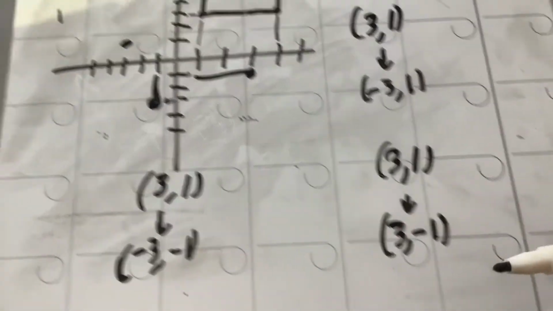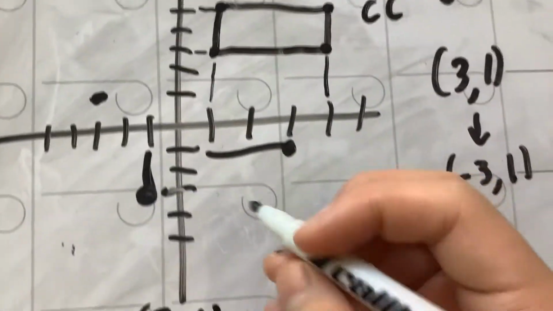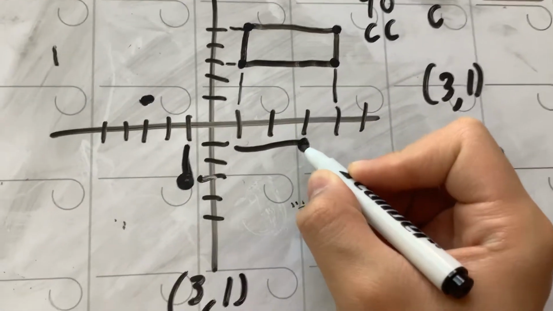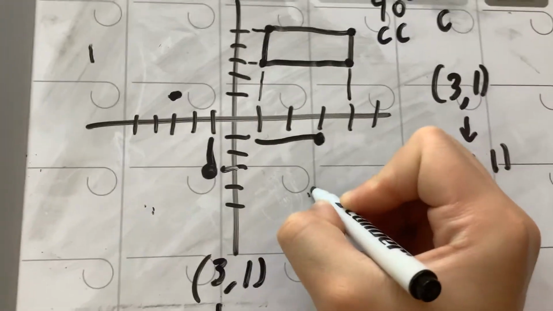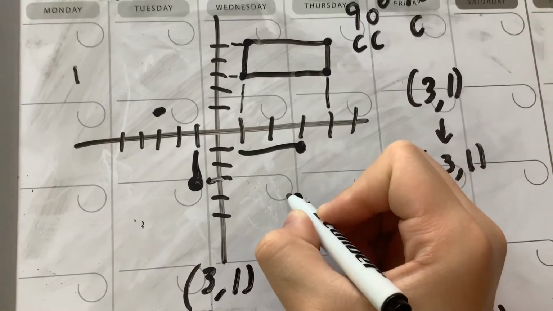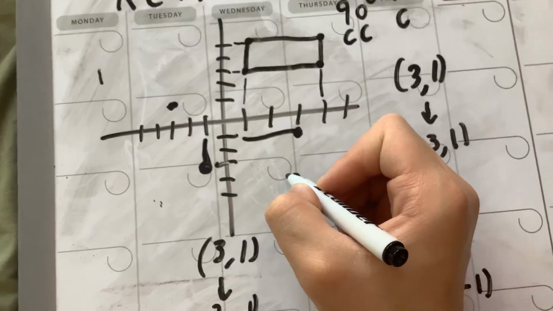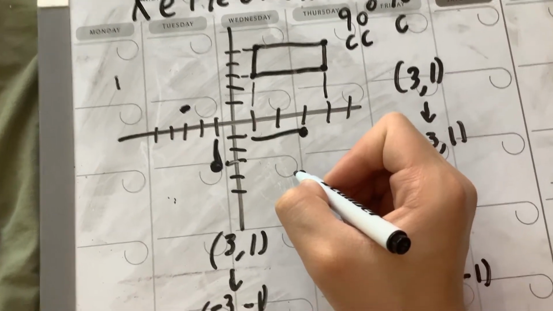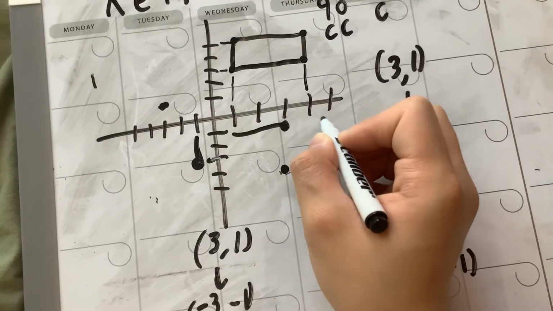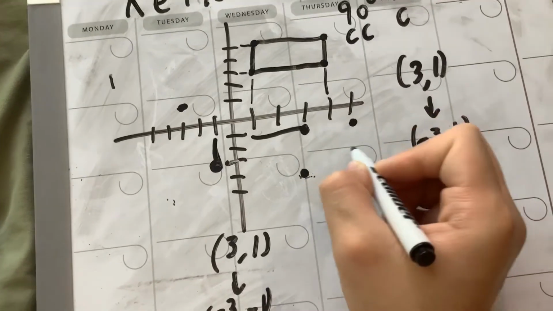And now, it's time to make our square. So we move this 3 to the left in order to make the next point. Now, 3 down, not 3 to the left. So now, we move this 2 up. This one 2 up.